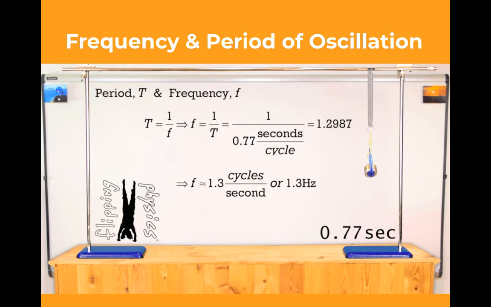What variables do you think the period and frequency of a spring mass system would rely on? So in a pendulum, we know that the period of a pendulum relies on what?